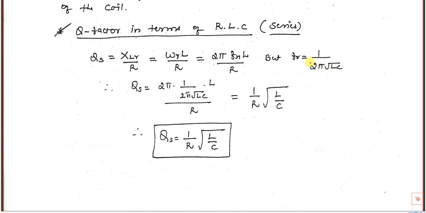That is the resonance frequency for a series RLC circuit. Okay, you substitute FR is equal to 1 over 2 pi root LC. Then 2 pi will get cancelled.